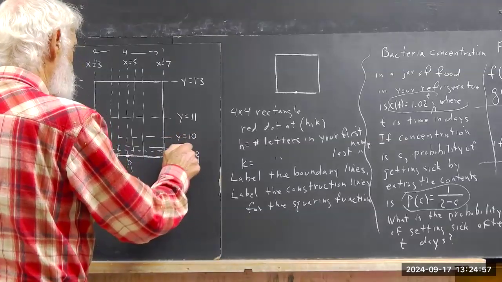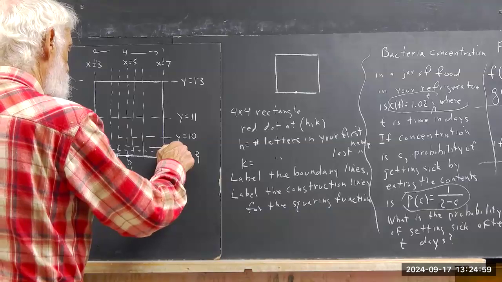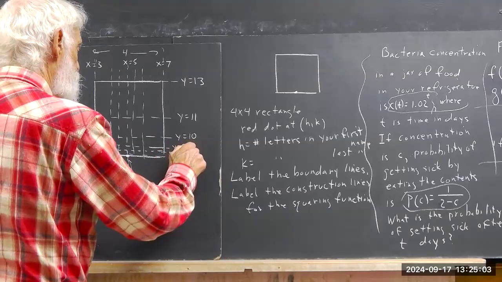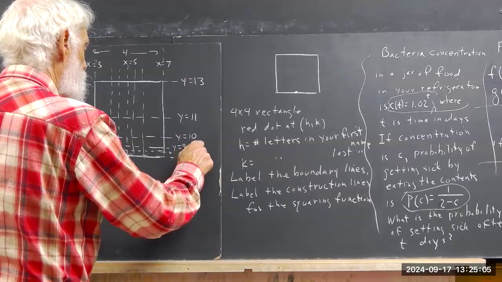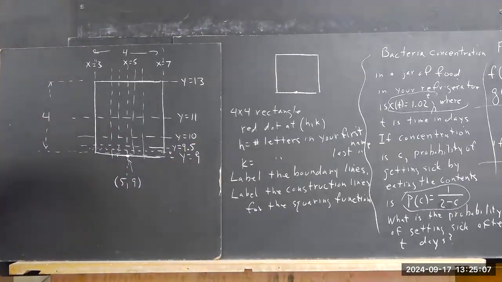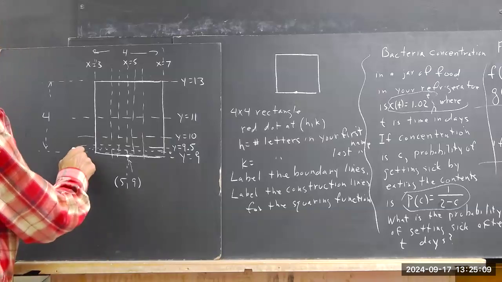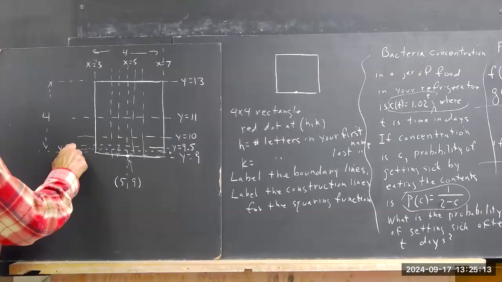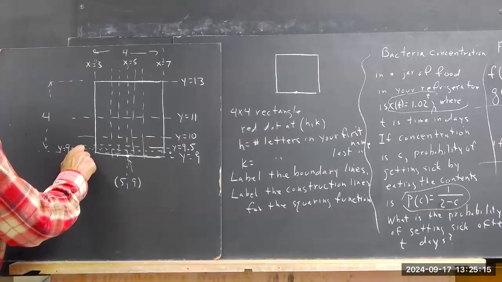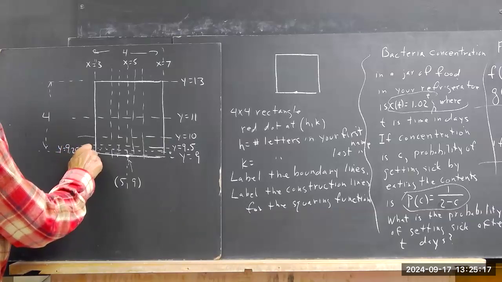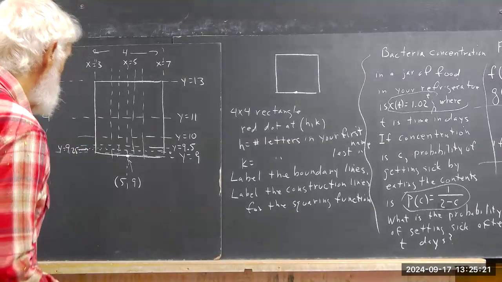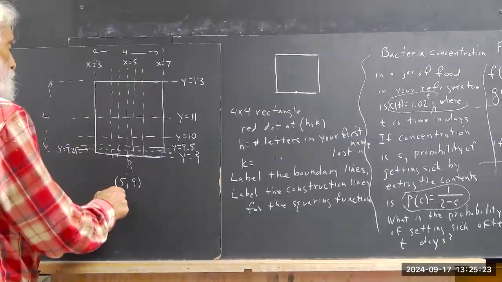And then you have y equals 9.5. Then over here, you have y equals 9.25. Well, we label our axis.